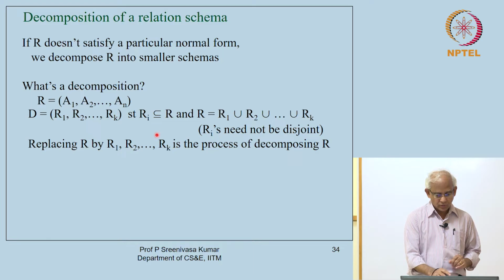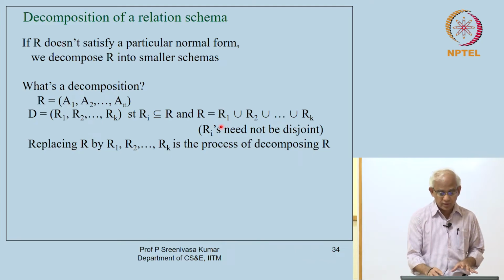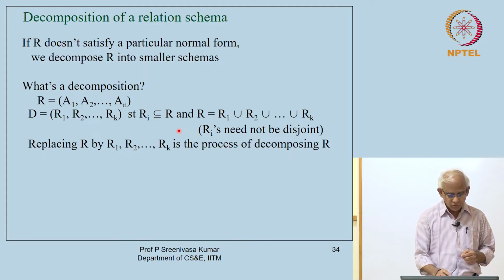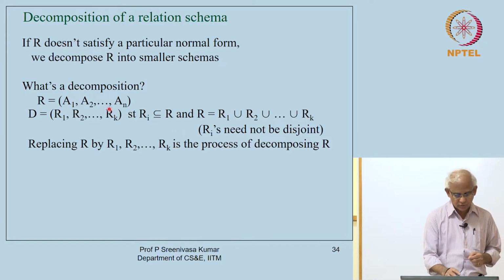Of course, these Ri's need not be disjoint, and they will not typically be disjoint. You will need some attribute to be in more than one relation, so that it serves the purpose of a foreign key, primary key reference, etc. Such a thing is what is called a decomposition.